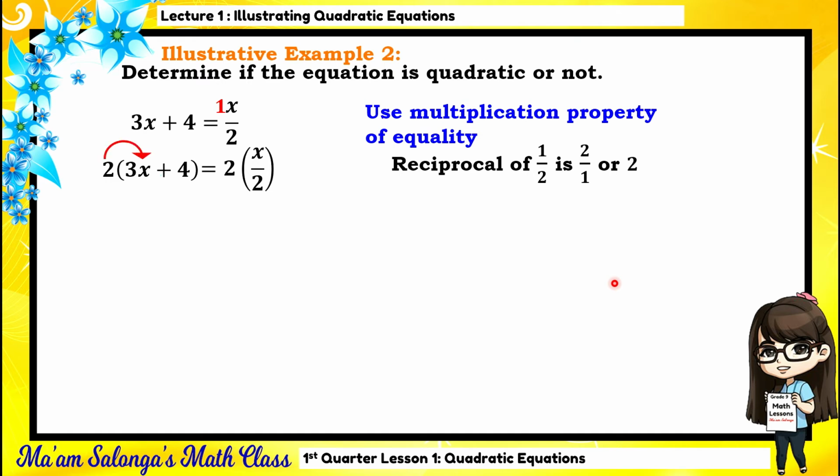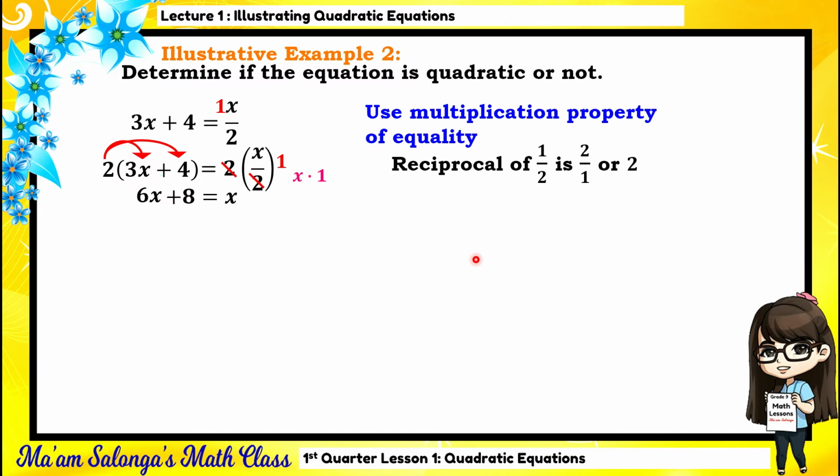So, 2 times 3x is 6x, 2 times 4 is 8. And we know that if a fraction is multiplied by its reciprocal, the answer is 1, and x times 1 is x. So we have 6x plus 8 equals x.